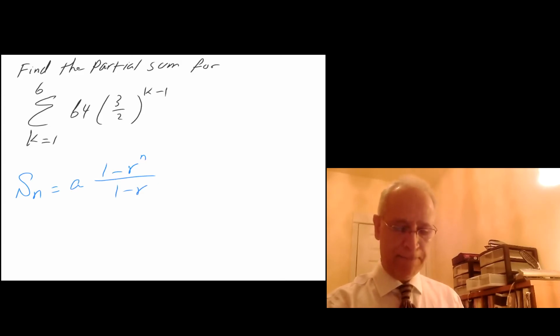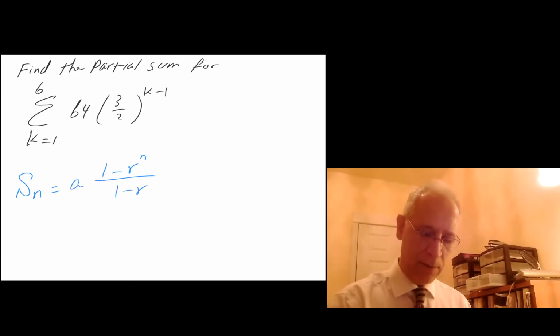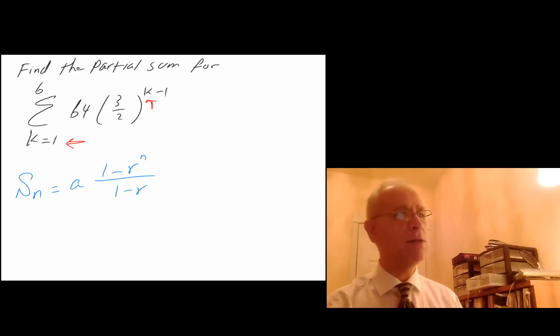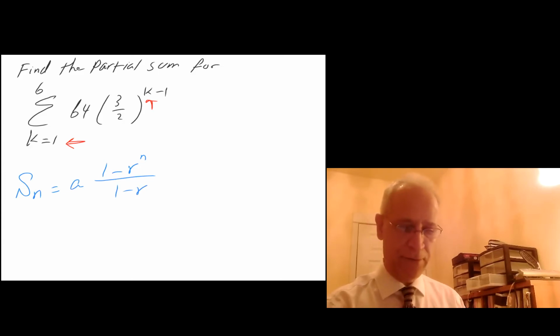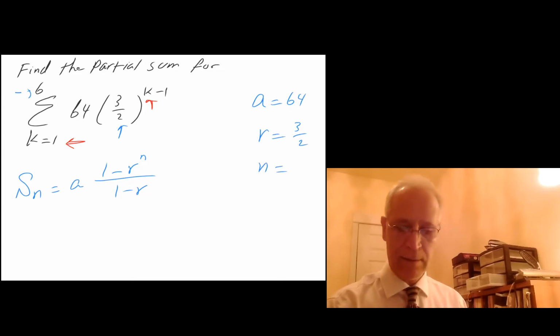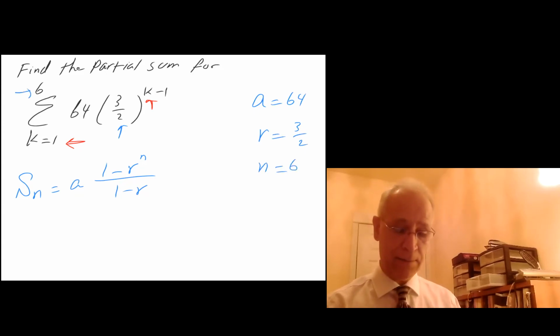So when starting from k equals 1, if I plug in 1 here, I get 1 minus 1 is 0, 3 half to the power of 0 is 1, times 64 is 64. So my first term, a, equals 64. The common ratio is given to me as 3 half right here. I don't have to do any work for that. And my n is given to me in here. I don't have to do any work for that either.